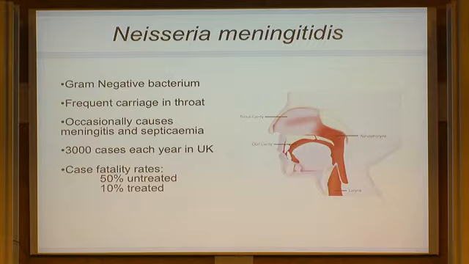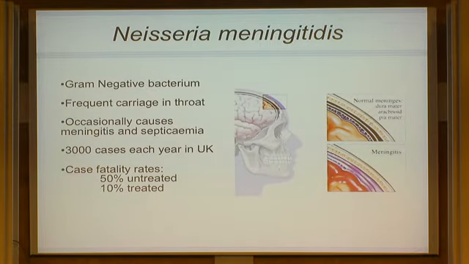The meningococcus is a gram-negative bacterium, which is also frequently carried in the nasopharynx, and it causes obviously meningitis and also, again, septicemia. It's nowhere near as huge a problem globally as the pneumococcus, but it does cause outbreaks, as you know, and the case fatality in these outbreaks is very high. So it's still a major public health problem.